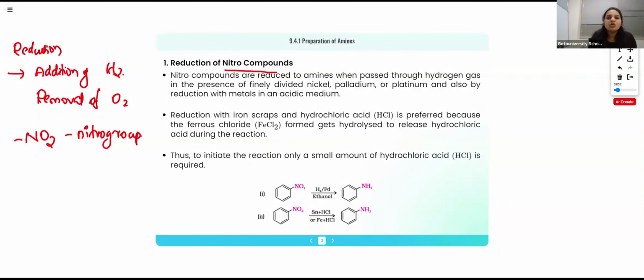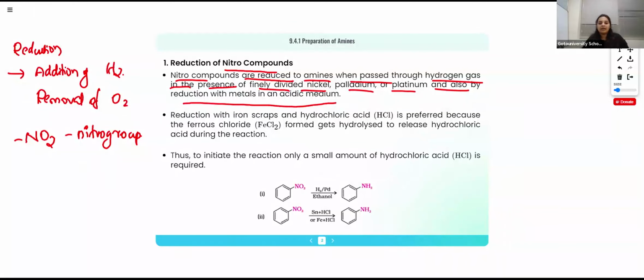Okay. Nitro compounds are reduced to amines when passed through hydrogen gas. If you are reducing, we need a reducing agent. So nitro compounds are reduced to amines when passed through hydrogen gas in presence of finely divided nickel, platinum, or palladium, and also by reduction with metals in acidic medium.